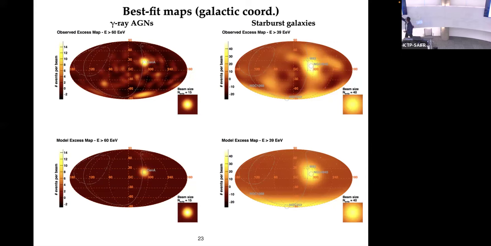So you see that excess in the data for the Starburst Galaxy could be coming from a combination of sources, and it also captures this excess in the south galactic pole, which could be correlated to NGC 253, which is a particular Starburst galaxy.